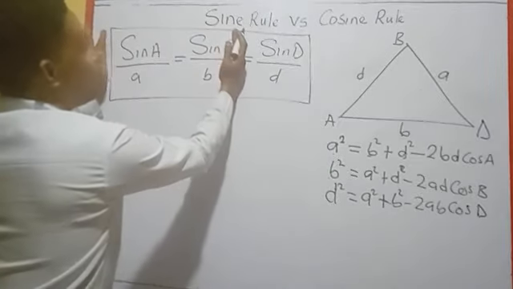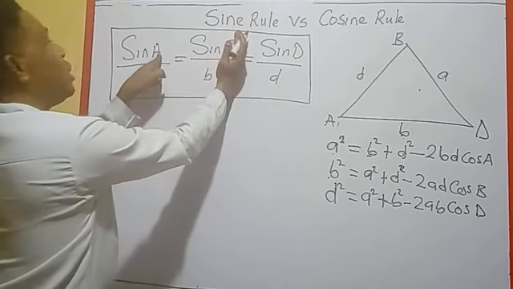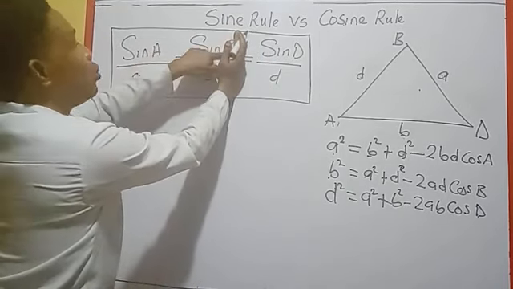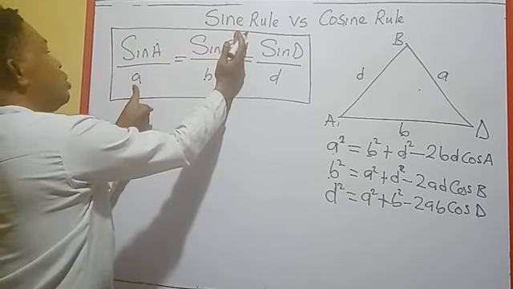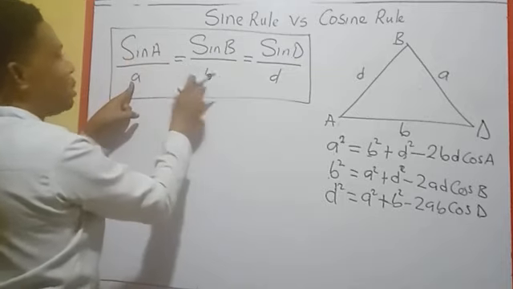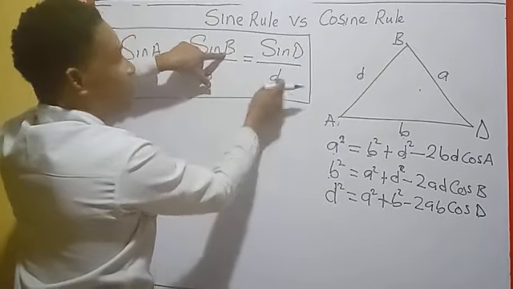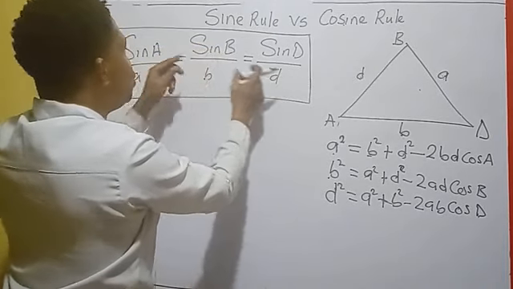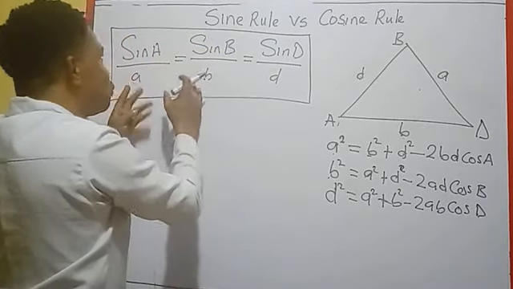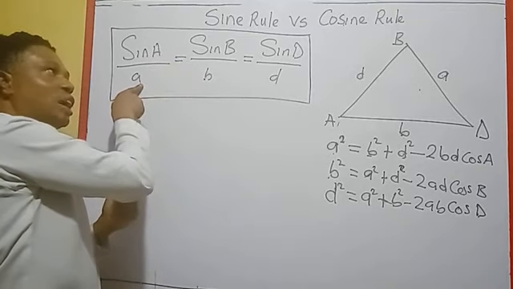You can take two equations at a time. That means if you know two sides and one angle, you can find this angle. If you know two angles and one side, you can find the other side. So the sine rule is used when you have two angles and one side and you're looking for the second side.